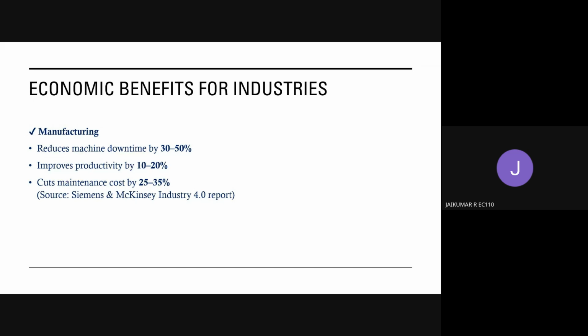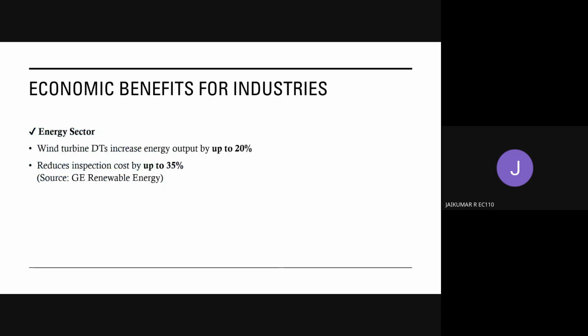This data is taken from the Siemens McKinsey Industry 4.0 report. By using this digital twin, this industry has achieved the above parameters. In energy sectors, GE Renewable Energy is one of the well-known ones.